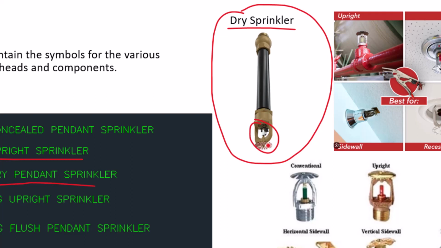And when the sprinkler activates, this section here is not filled with water, and this part here would be connected to the wet pipe system. So when the sprinkler activates, it releases some sort of valve inside, which then allows water into this piece right here, which would then discharge out through the sprinkler head. So this dry pipe head would be used in areas where freezing can be a concern.